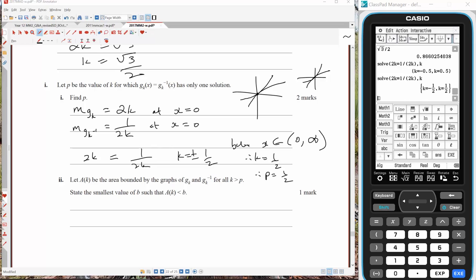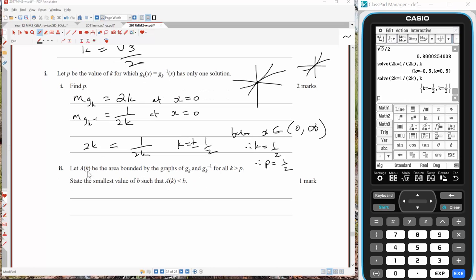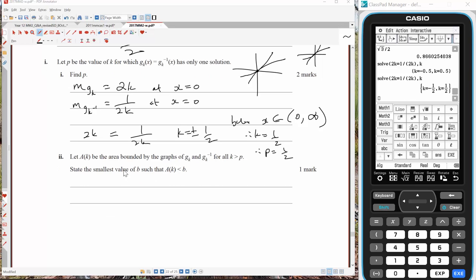All right. Okay, let A of k be the area bounded by the graphs there for all k greater than p. State the smallest value of b such that A of k is less than b. So the smallest value of b such that the area is less than a particular value.